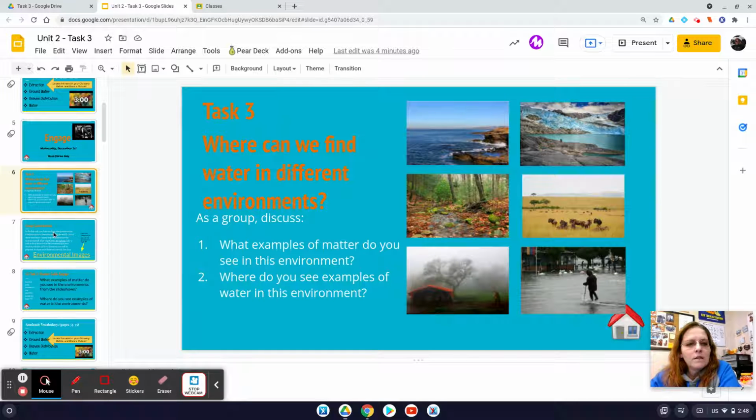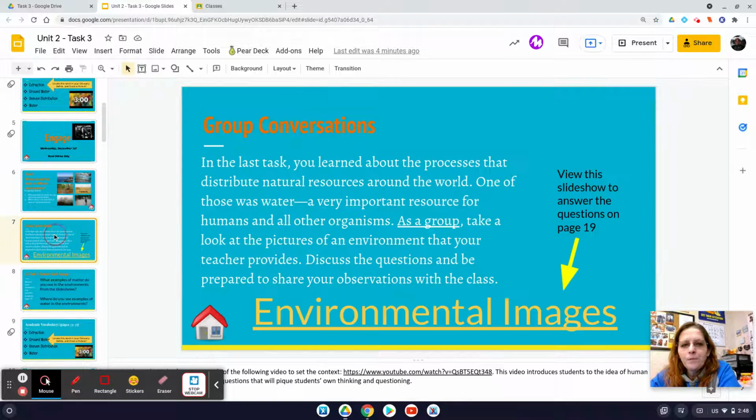Okay, so if you go to the next slide, we learned about natural distribution of natural resources around the world. Water is a natural resource. So it's actually one of the most important resources that we have.